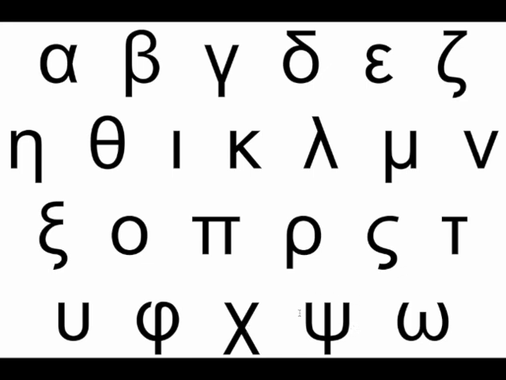Next we have a psi. One way to remember this is it looks like the trident of Poseidon, the Greek god. That's how I remembered it many years ago anyway. It makes a PS sound, kind of like a P and S coming together.